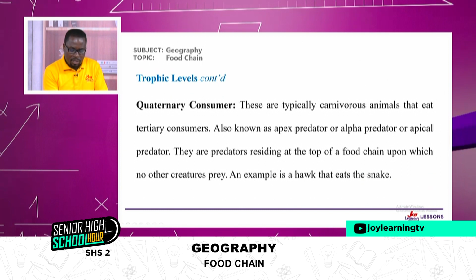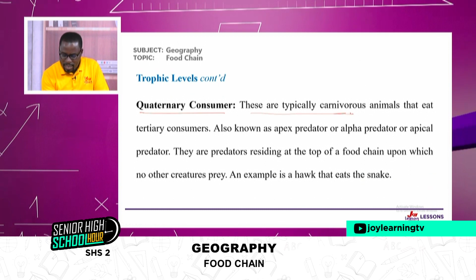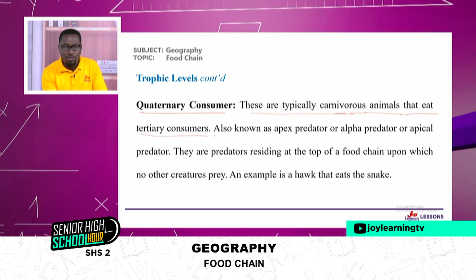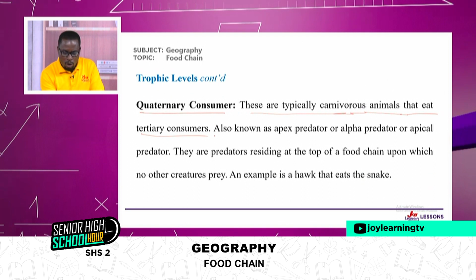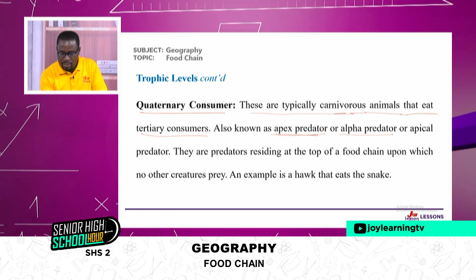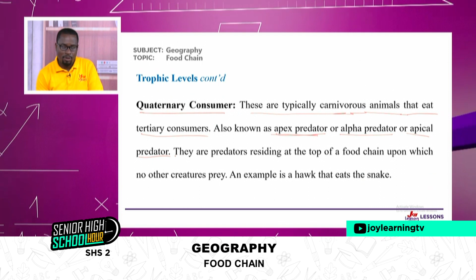Okay, we have the quaternary consumer. These are typically carnivorous animals that eat tertiary consumers. They are also known as apex predators. In other words, apex killer, or alpha predator, or apical predator. Is that okay?